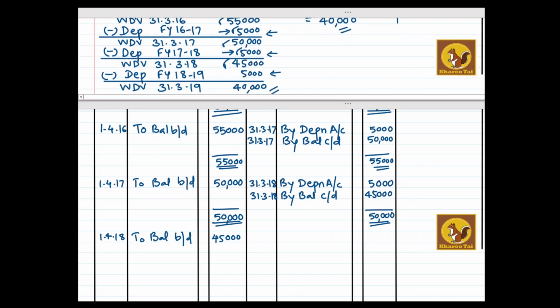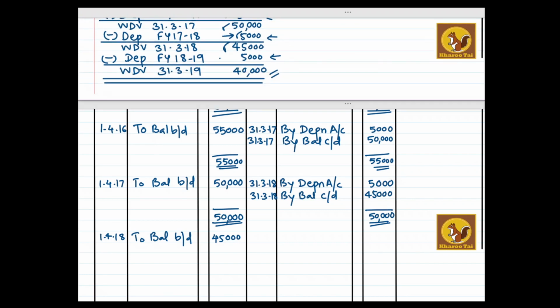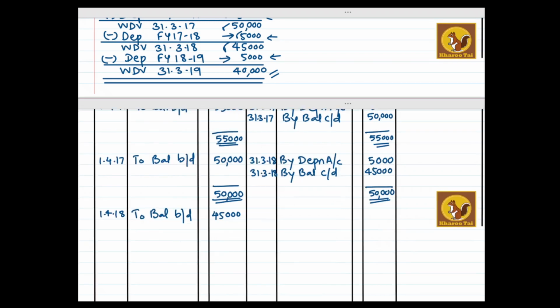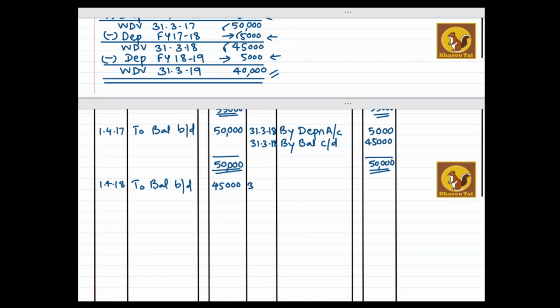In the last year, again, the same 5,000 is the depreciation amount. There are no other entries. 31/3/18 by depreciation account, 5,000, and we'll close the books. 45,000, 45,000. We'll balance this. This is 40,000, 45 minus 5, and the closing balance will be by balance closed down, 40,000.